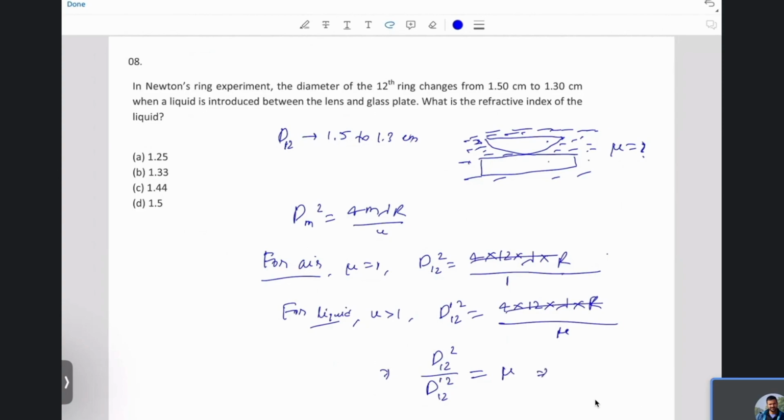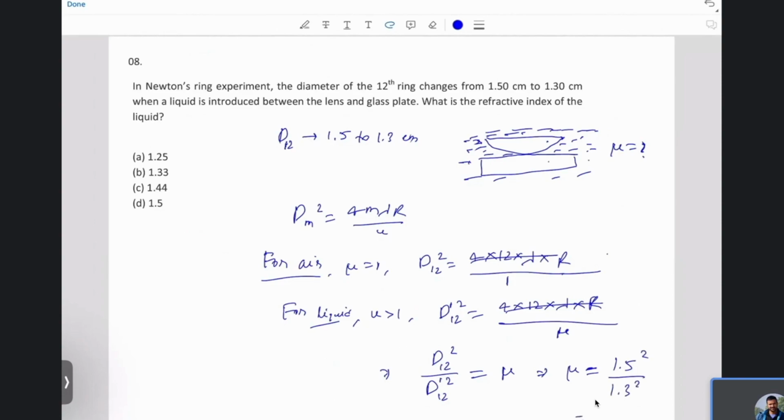So mu is just D over D prime. The diameter when there is air between them is 1.5 centimeter, and when the liquid is introduced it is 1.3 centimeter.